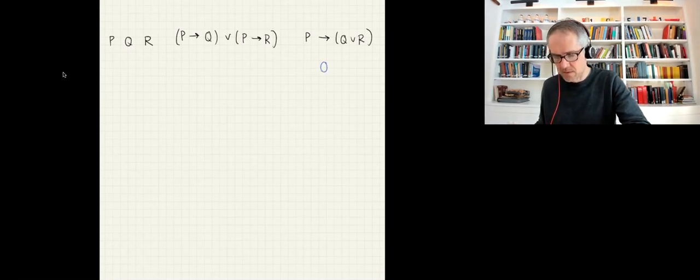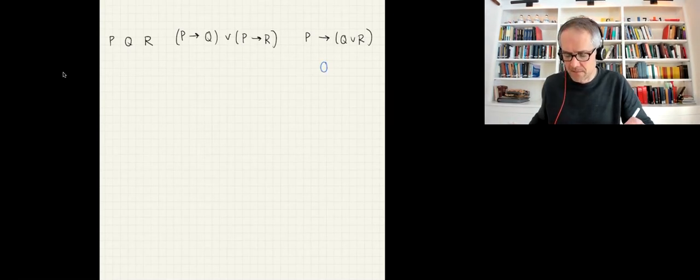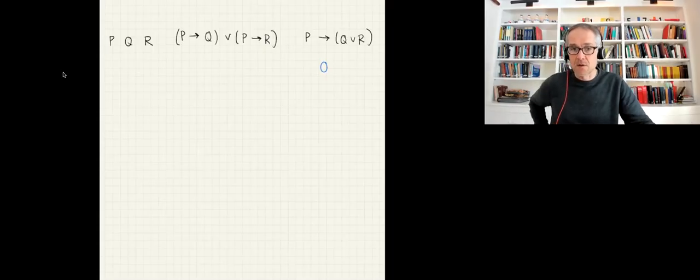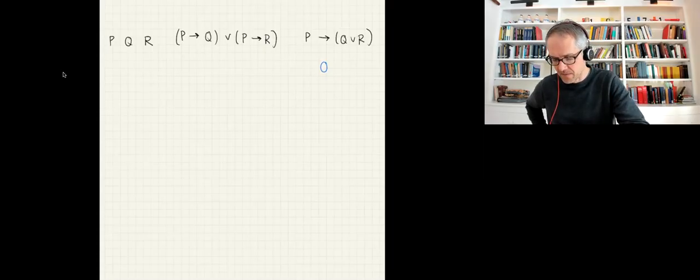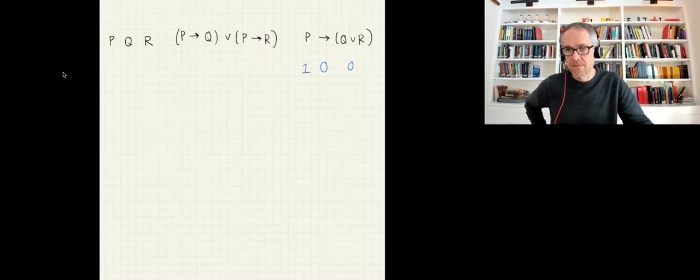So if that were 0 in this case, then ask ourselves, could the premise be true in that case? Okay, in this particular case, the conclusion being false is very restrictive because the conclusion is a conditional, and so the only way it can be false is if the antecedent is true and the consequent is false.